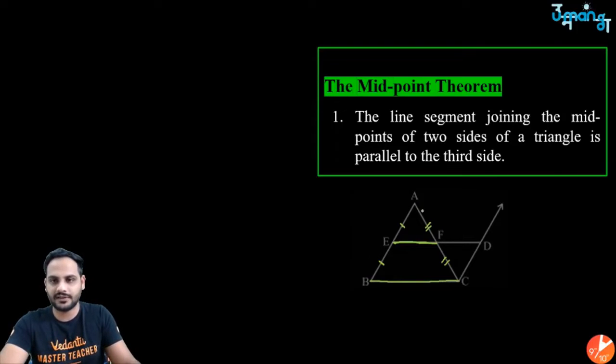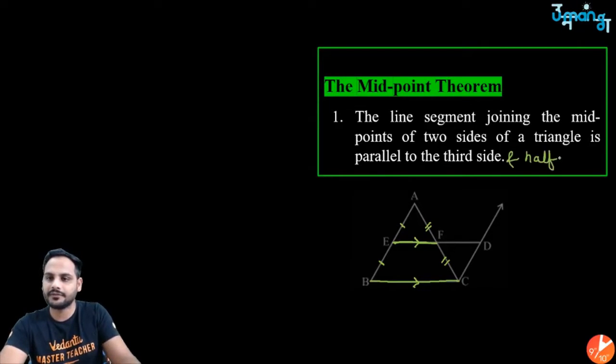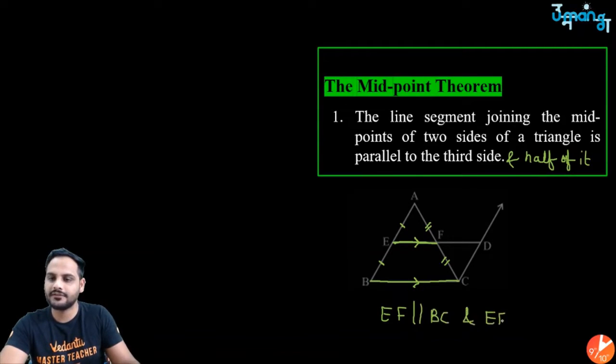AB's midpoint is E, AC's midpoint is F, so the third side left is BC. So EF and BC will be parallel and EF will be half of BC.